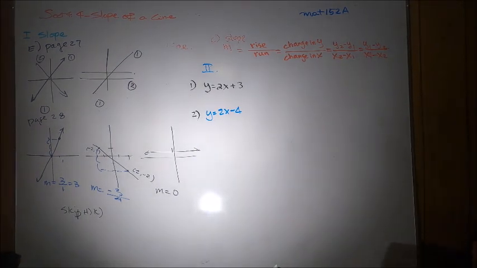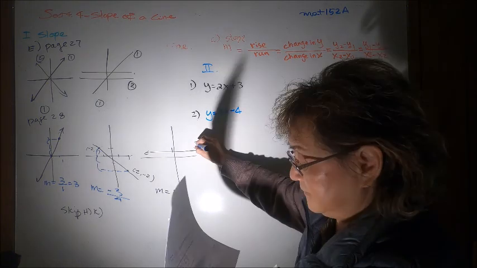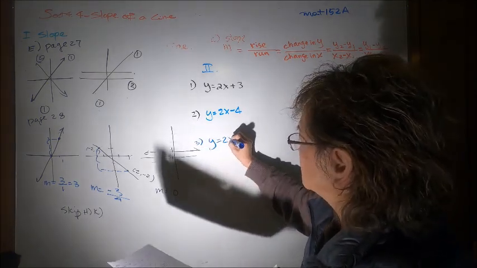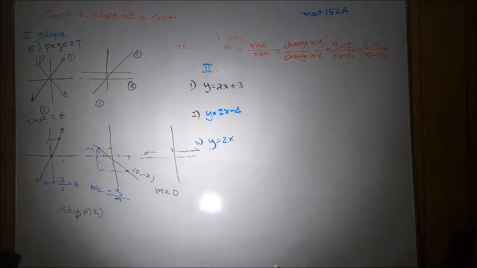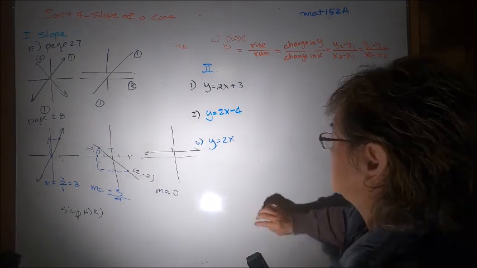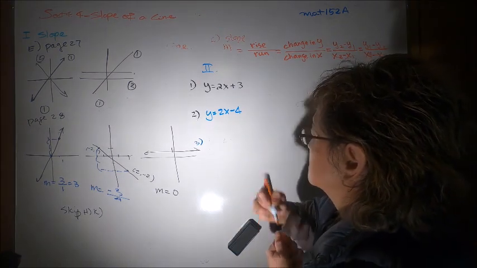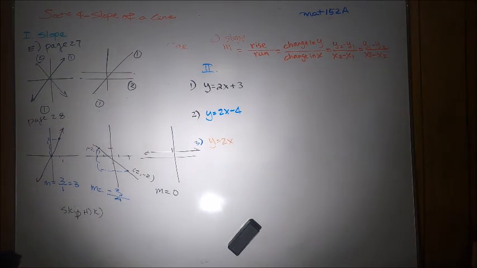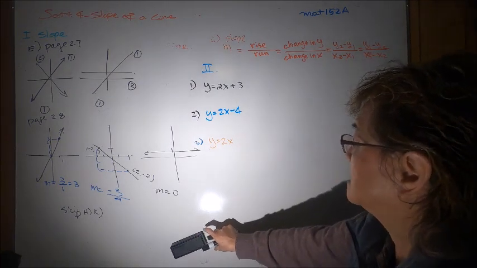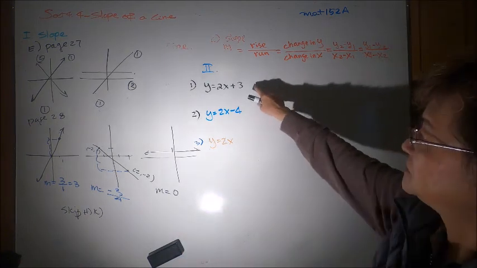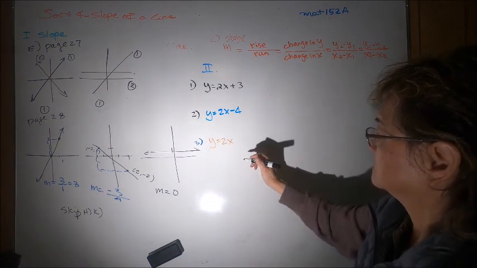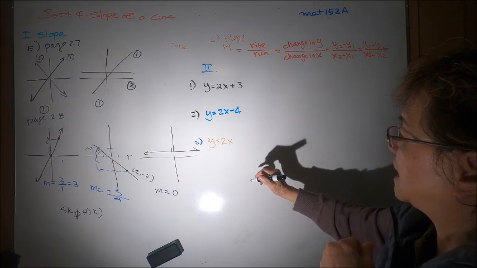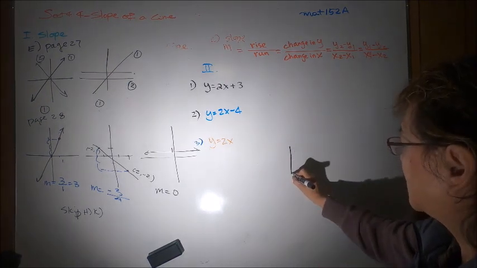And third one, we have y equals 2x. Okay, let's use different colors. To graph them, let's see what's the situation. For the first one, we are going to graph on the one graph.